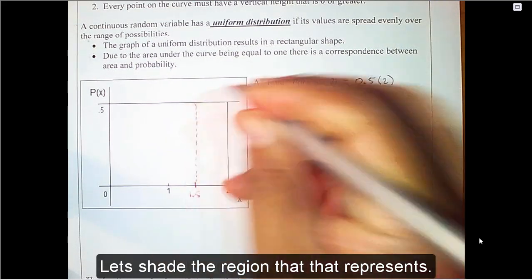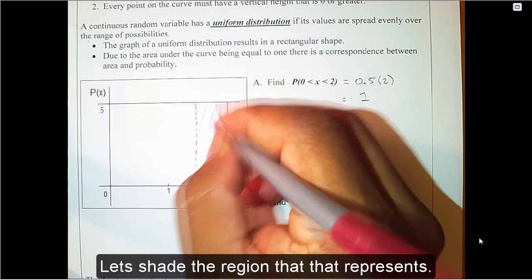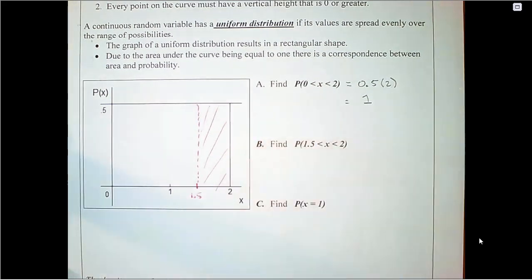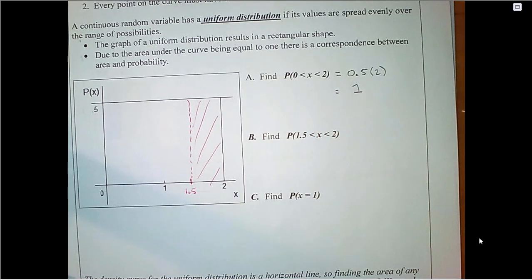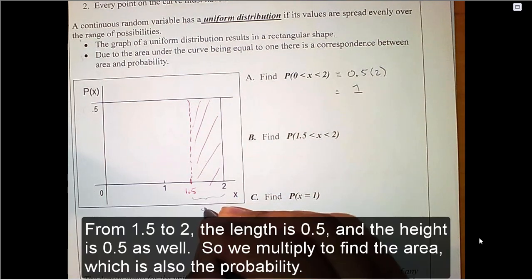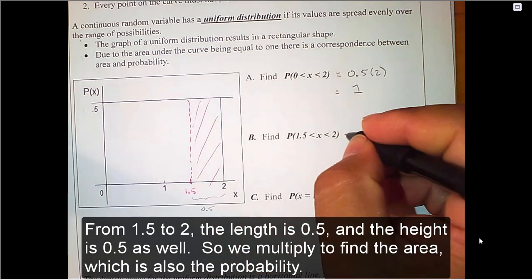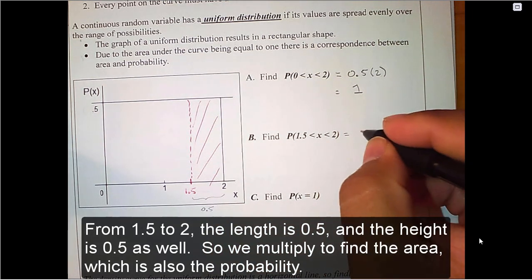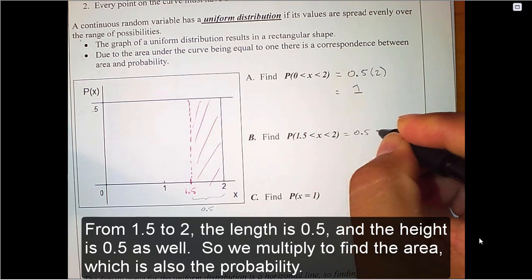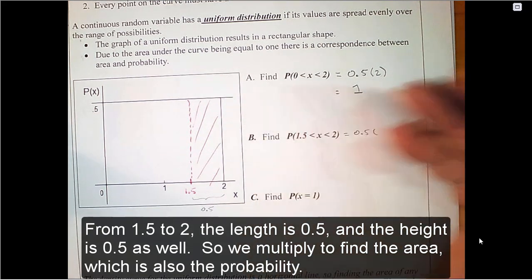Let's shade the region that represents. From 1.5 to 2, the length is 0.5, and the height is 0.5 as well. So we multiply to find the area, which is also the probability.